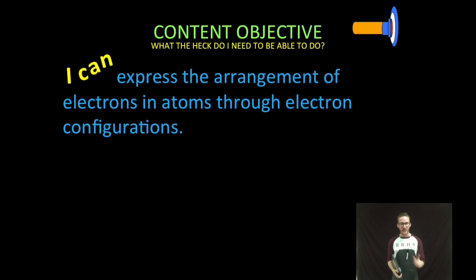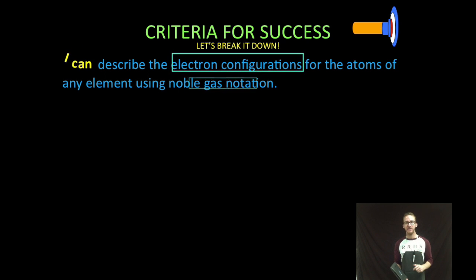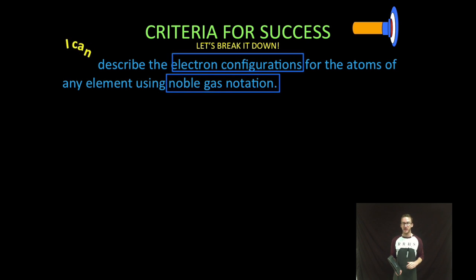Today, we're going to express the arrangement of electrons in atoms through electron configurations. And if you didn't realize it was important by this video, here's your hint. Electron configurations are important. Breaking it down a little bit differently this time, we're going to look at electron configurations for the atoms of any element using what's called noble gas notation.